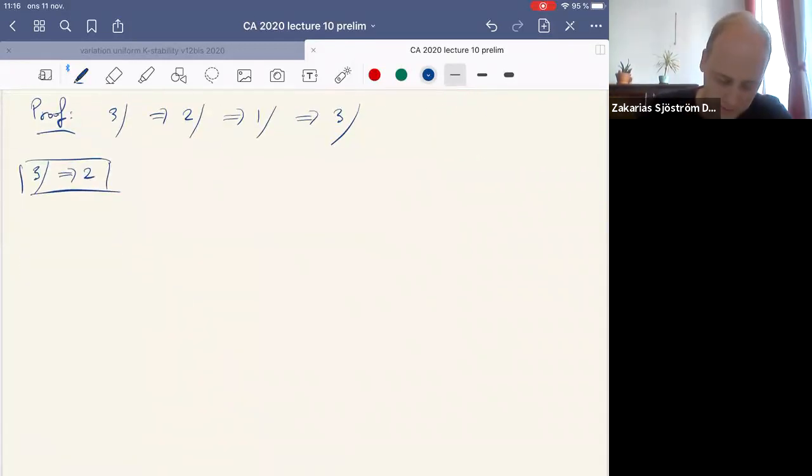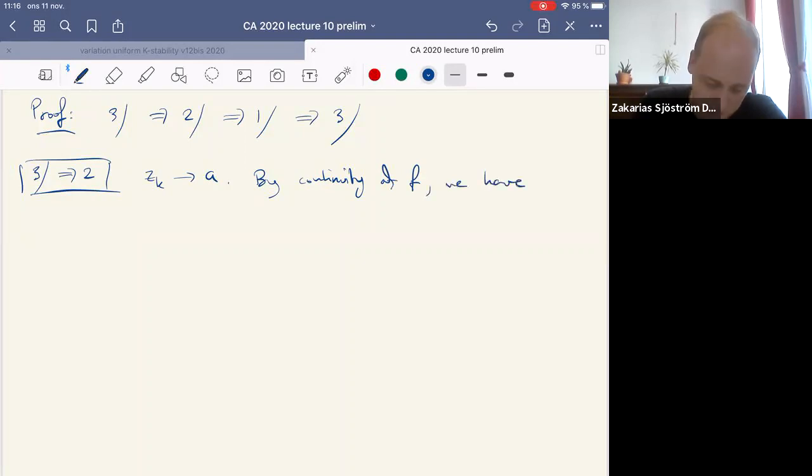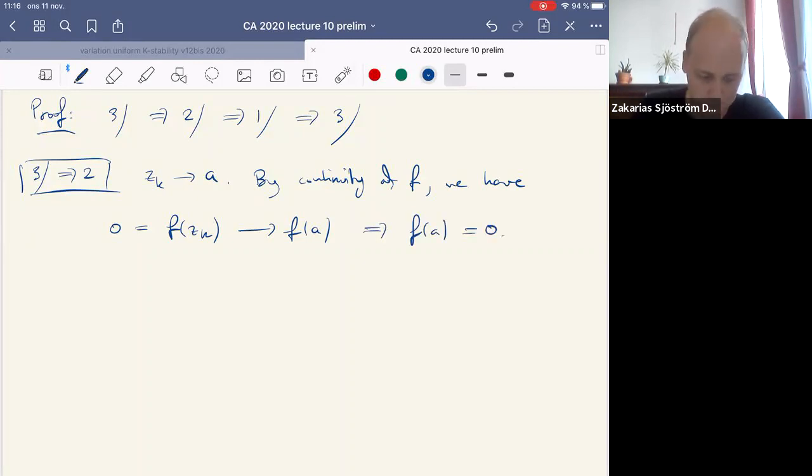Okay, so to see this, we notice we have this zk that tends to A. And then by continuity of f, we have that f of zk, which are all 0, tend to f of A. Okay, so in this picture, this implies then that f of A will have to be 0 as well.